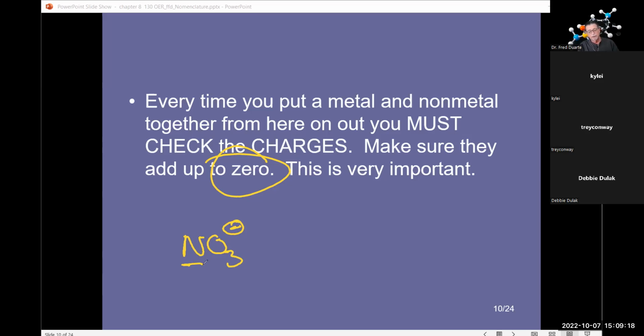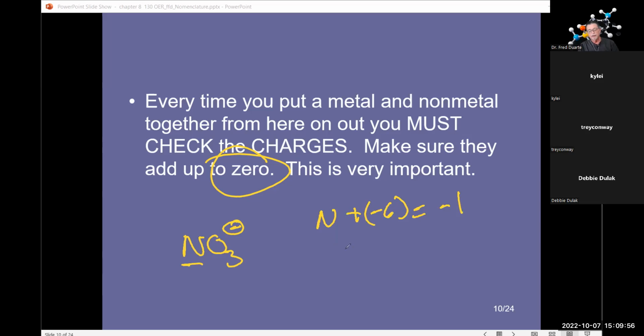So here, we set up the problem the same way. Remember, total number of positive oxidation numbers, which is nitrogen. We don't know what that is, but what do we know about the oxides? Oxides, be it covalently bonded or ionically bonded, always have a -2, okay? And there's 3 of them. So we have a total of -6 for the total number of negative oxidation numbers, right? And then the overall molecule is a -1.